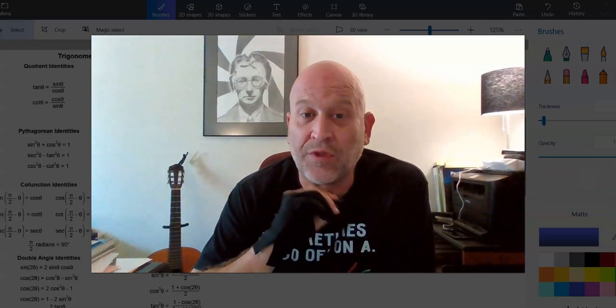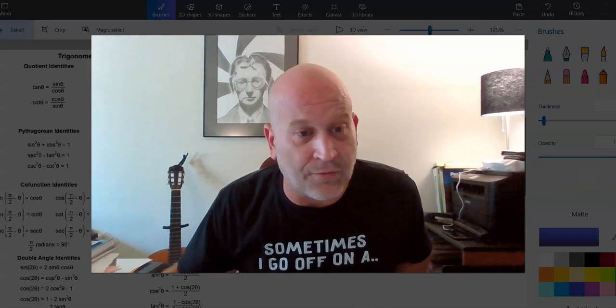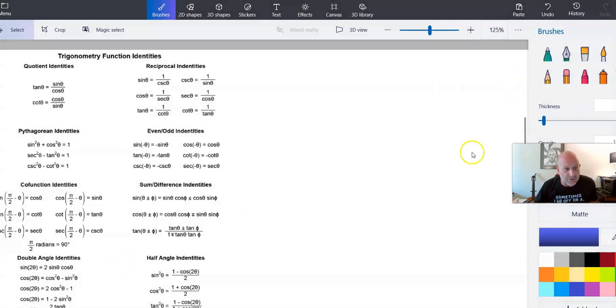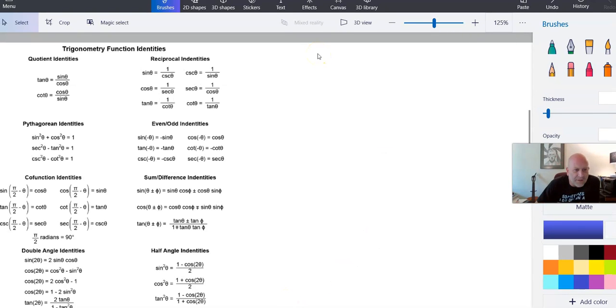Okay, so there's a few identities we do already know, and I put that in a worksheet for you. And this is the worksheet. Now, the thing about this worksheet, we haven't actually seen all of these identities yet.